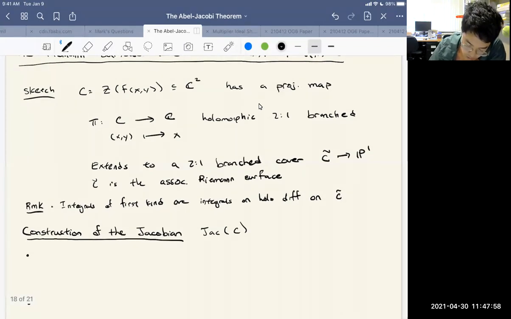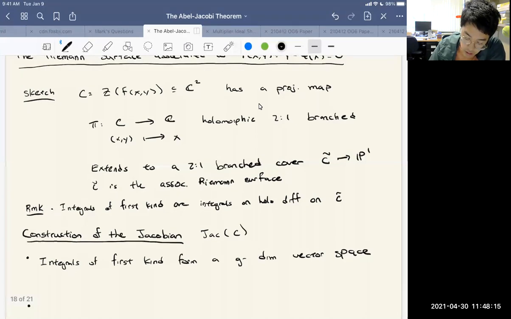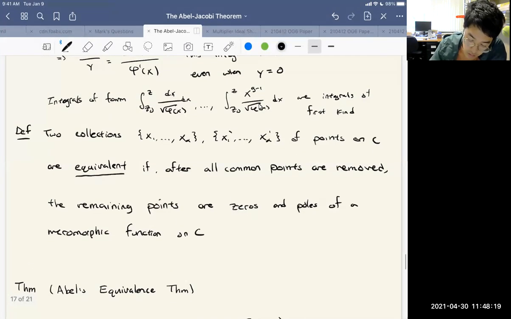So Riemann shows that integrals of the first kind form a g-dimensional vector space. And in our example of these hyperelliptic integrals, a basis of this vector space can actually be taken to be these integrals that I've written down here.